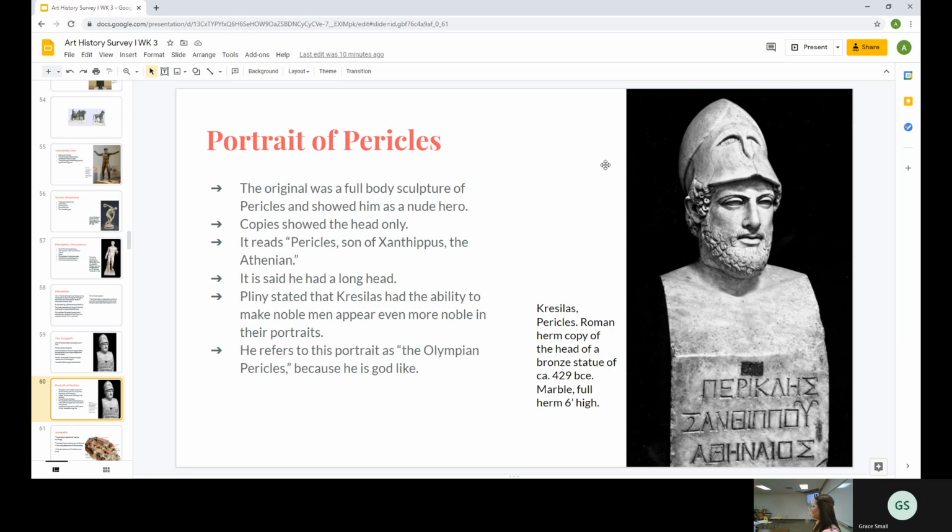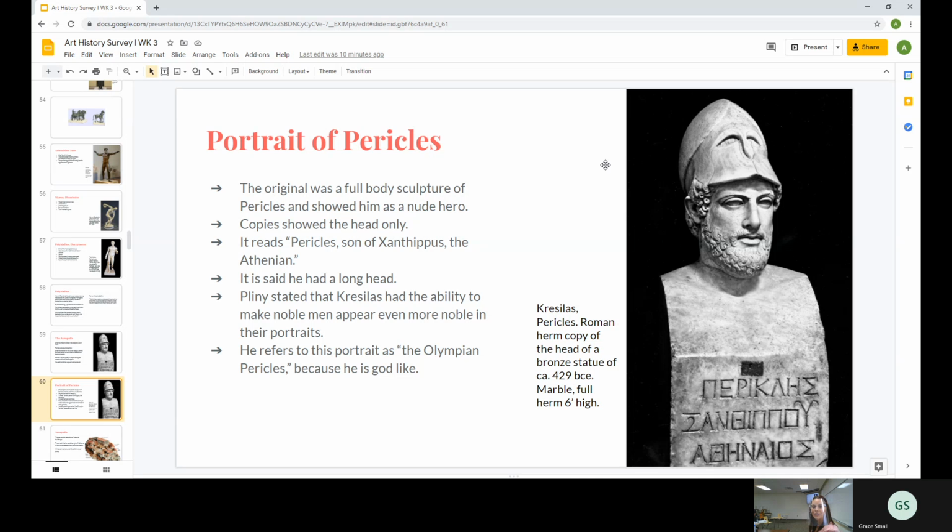Yeah. So it was pretty common for any important ruler in Greece and Rome later on to show their leaders in full body nude and have them in idealized forms like the gods, goddesses, and heroes of mythology. But yeah, this is Pericles' head, what's left of it. We don't have his full body statue anymore.